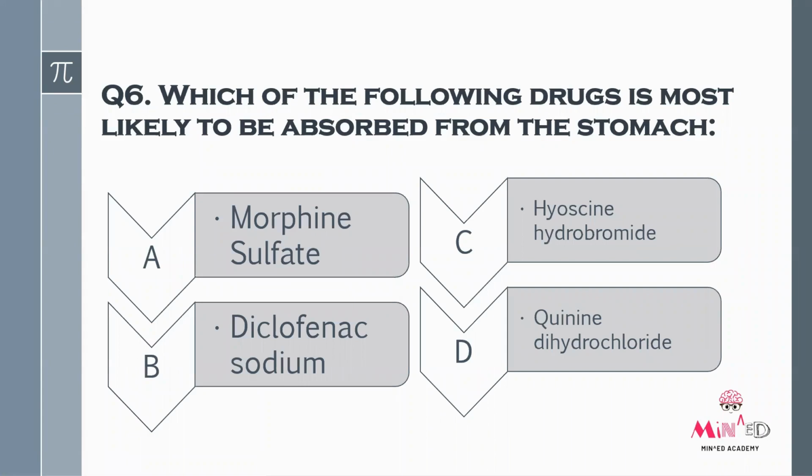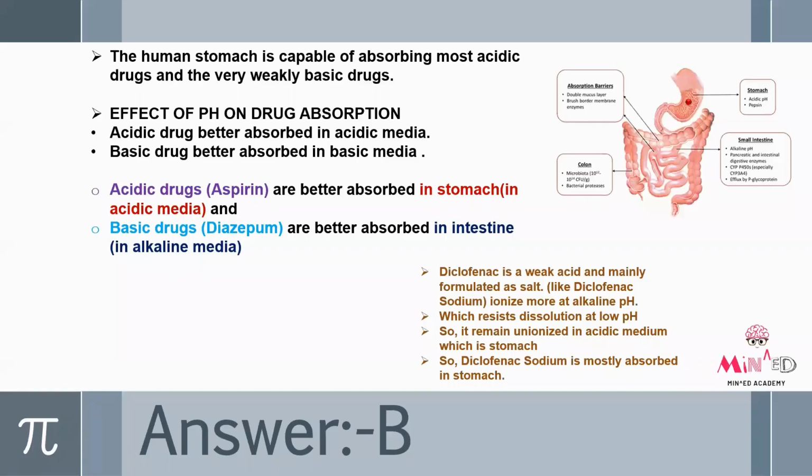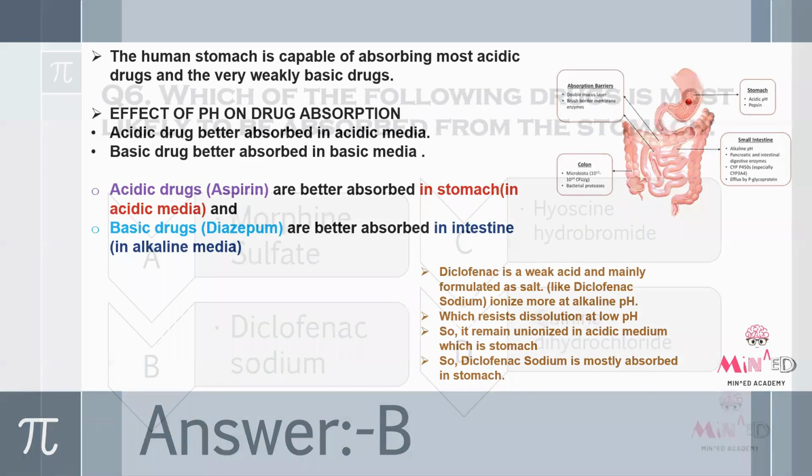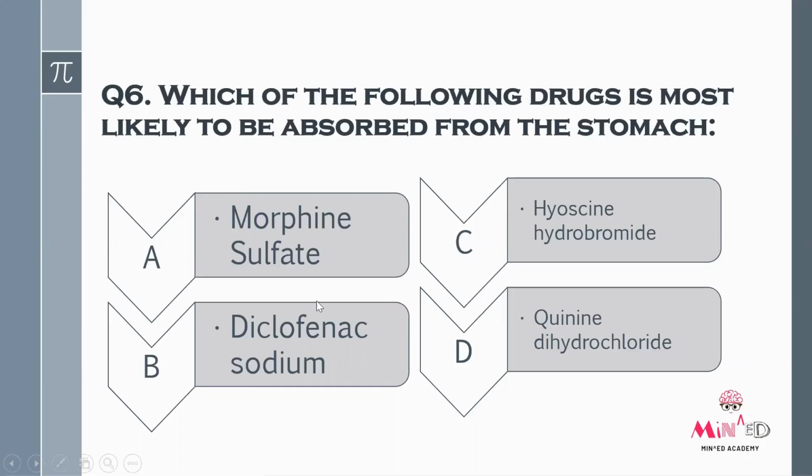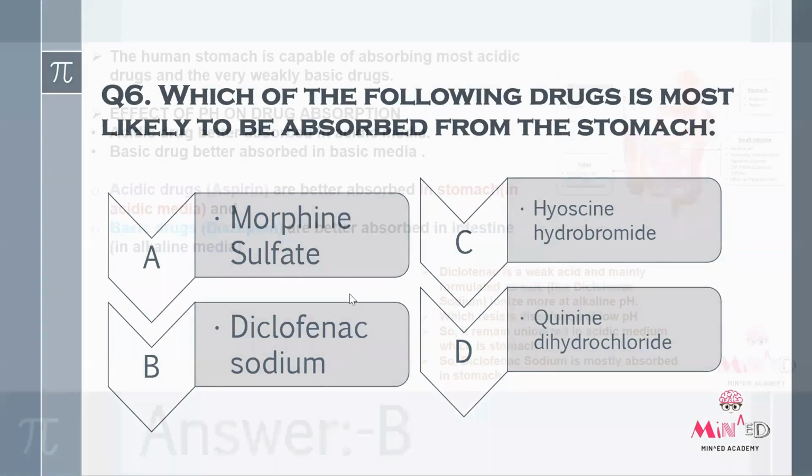Next, we'll go for question number 6. Which of the following drugs is most likely to be absorbed from the stomach? A, morphine sulfate, B, diclofenac sodium, C, hyoscine hydrobromide, and D, quinine dihydrochloride. The answer for this will be B, diclofenac sodium.